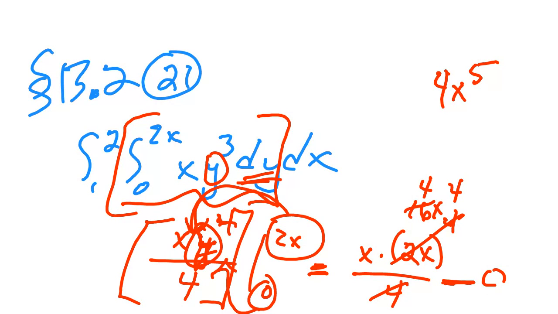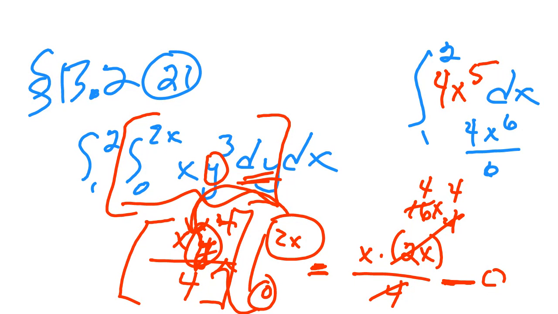And then now I'm taking the antiderivative of that with respect to x, evaluated from 1 to 2. And so doing that is going to be 4x to the sixth over 6, evaluated from 1 to 2. And then plugging that in, of course, I'm going to plug it in for x, right? 4 times 2 to the 6, 2 to the 6, 64. Instead of 4/6, I'm going to call that 2/3.